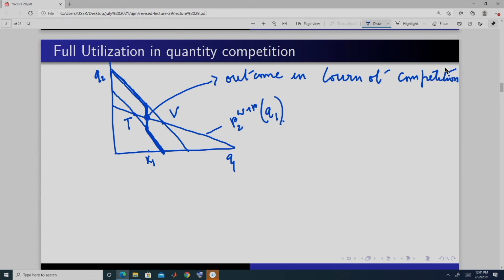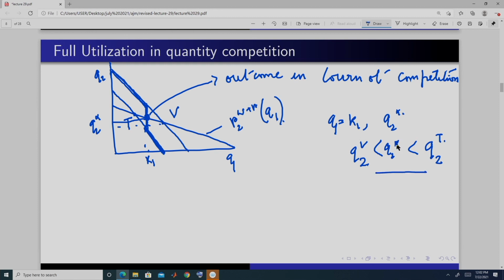If this is the outcome, then what is the output of firm 2? Firm 2 produces this much and firm 1 produces this K1. So, Q1 is equal to this, and this is Q star, where Q star is greater than Q1V, sorry, and it is less than this in this situation, okay, an output of this.